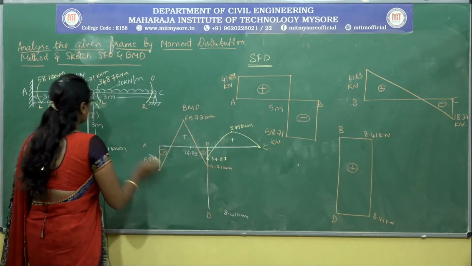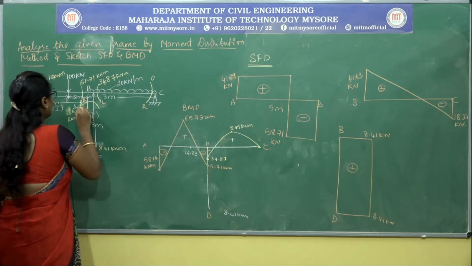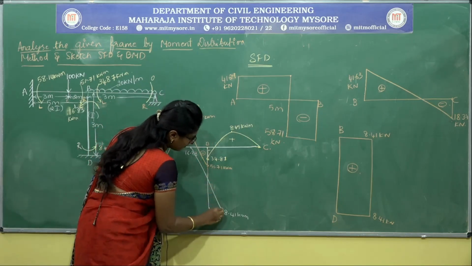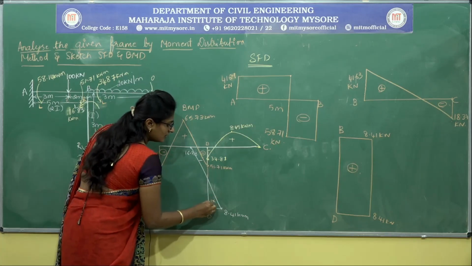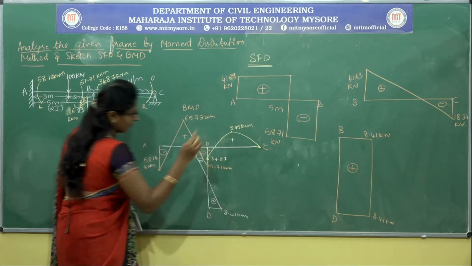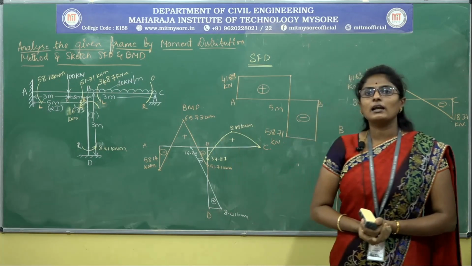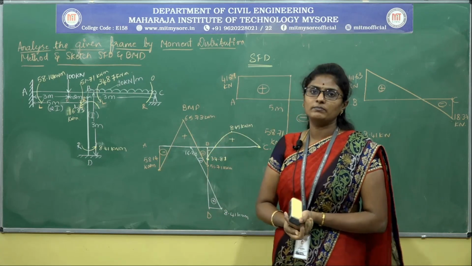In between this, there is no load to give a maximum bending moment. Therefore, we can join it like this. This is positive and this is negative. So, this is the bending moment diagram. Like this we can calculate the final end moments and draw SFD and BMD for a T frame.